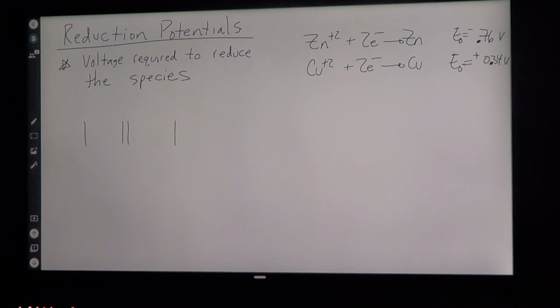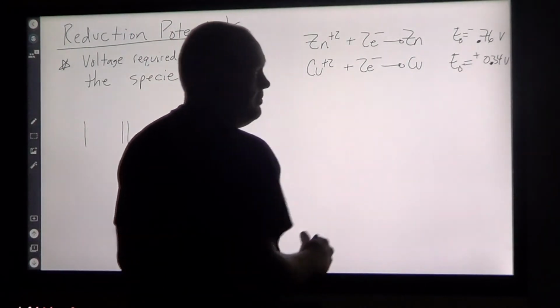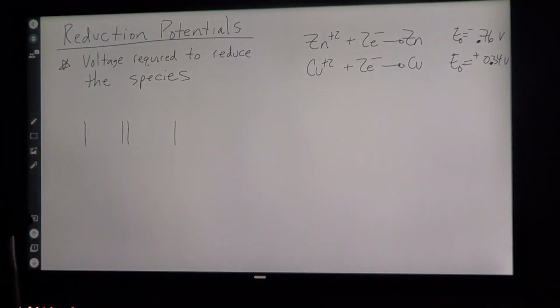That means you have to give it electricity in order to make it reduce. Okay? The copper's reduction potential is positive 0.34. That is good for you. That means that if you let copper reduce, you get 0.34 volts out of it.